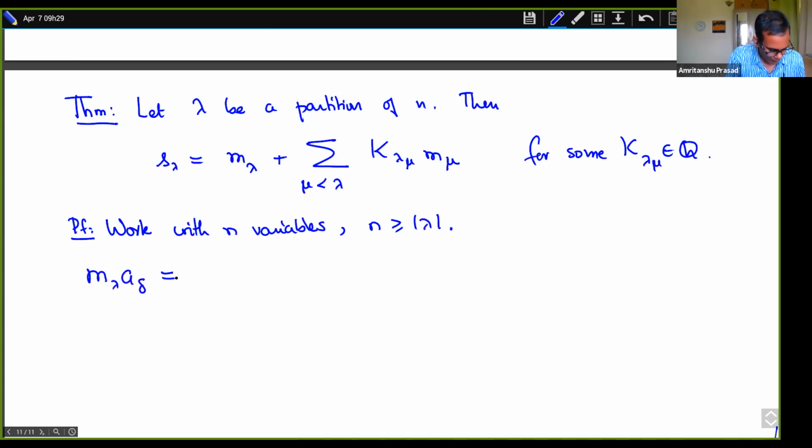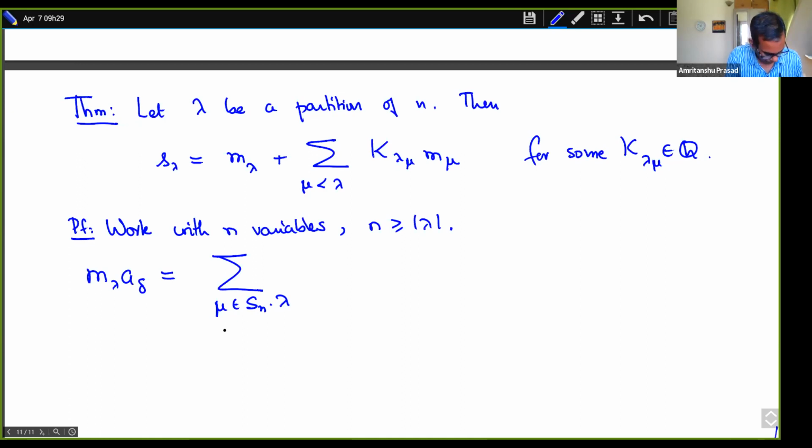Well, m lambda is a summation over mu in the Sn orbit of lambda. We are working with n variables, even though I'm writing them as if they are just symmetric functions. But lambda is padded with enough zeros so that it becomes a vector of length n. So then Sn dot lambda makes sense.